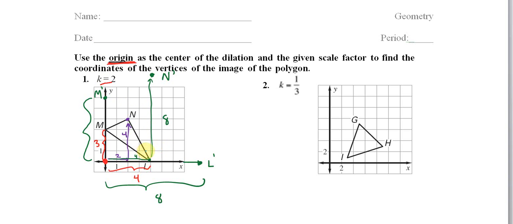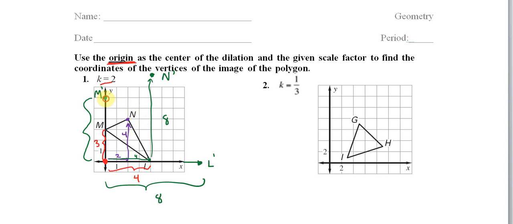The short of this is that instead of trying to draw a line directly from N to the origin and duplicate the length of that line segment to find N prime, we can just use the coordinates. If each of the coordinates is increased by a factor of 2, then the total distance will also increase by a factor of 2 because we have some similar triangles there.